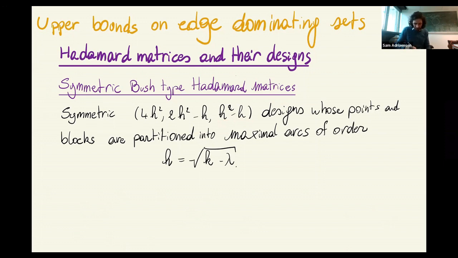And this means that the square root of k minus lambda is exactly equal to h, but the points and the blocks are partitioned into maximal arcs of this order. There are some nice constructions of these types of designs, and we see that they have maximal arcs of the correct order. So again, here you know exactly what the edge domination number of their incidence graph will be.